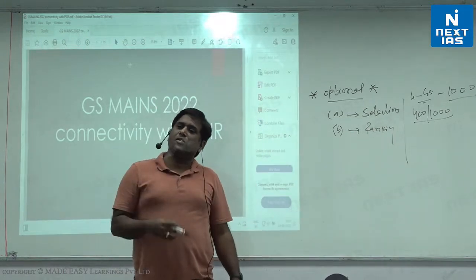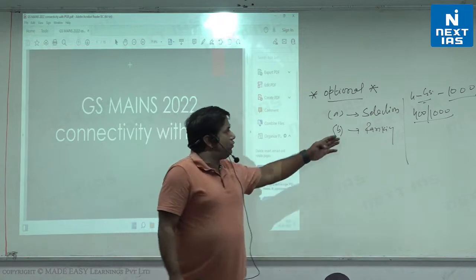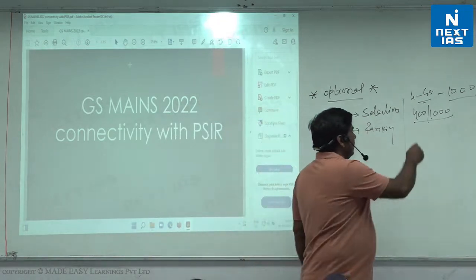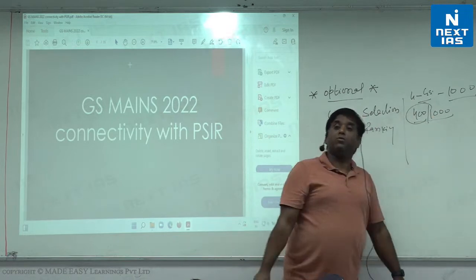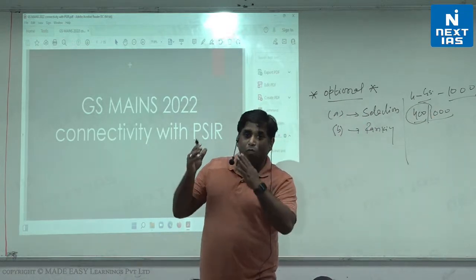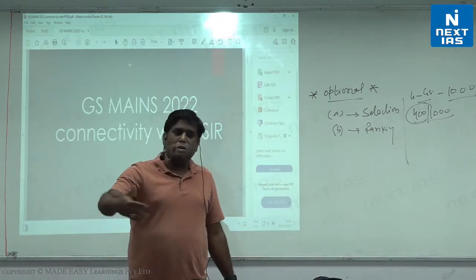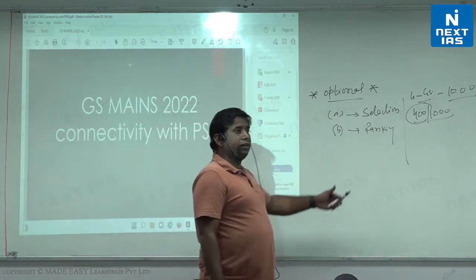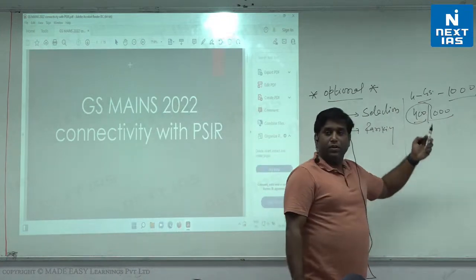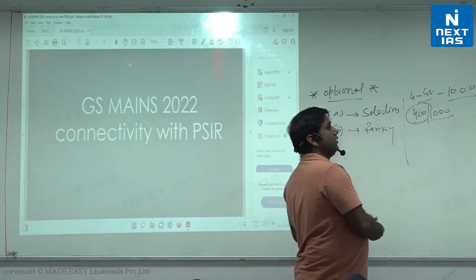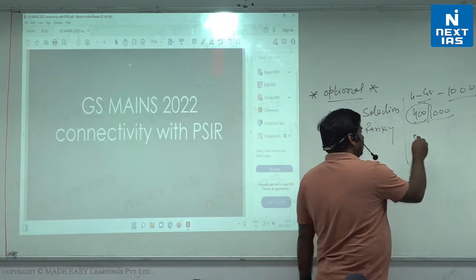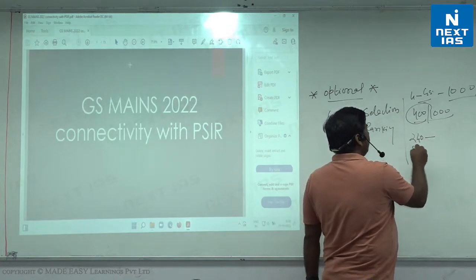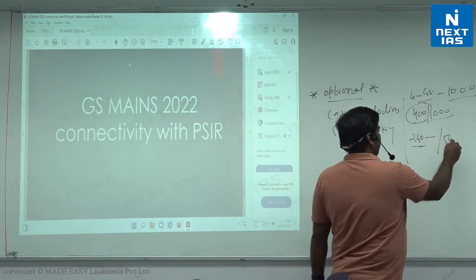Even if you see the marks of toppers, they hardly score more than 400 in the four GS papers. And look at the time you spent: the entire year going for prelims classes, mains classes, a lot of answer writing. But when it comes to optional, scoring generally starts from 250, 240 onwards out of 500.